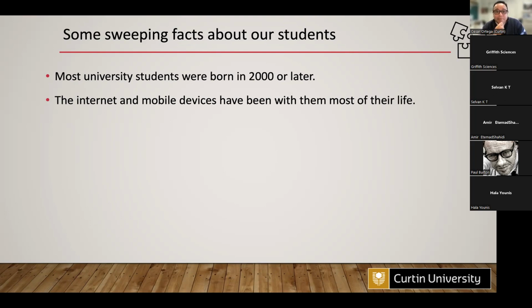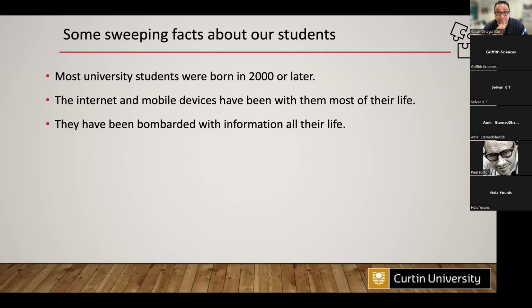The internet and mobile devices have been with them most of their lives, and a lot of their experience happens in this space. They have been bombarded with information all their life. They don't understand the concept of books and libraries.